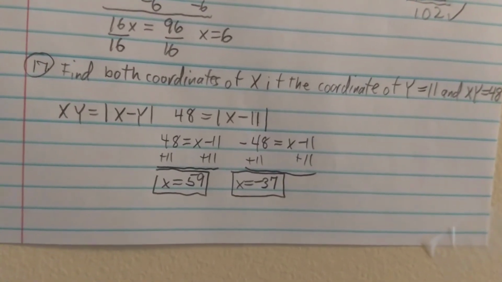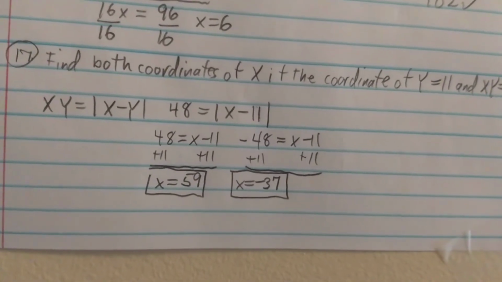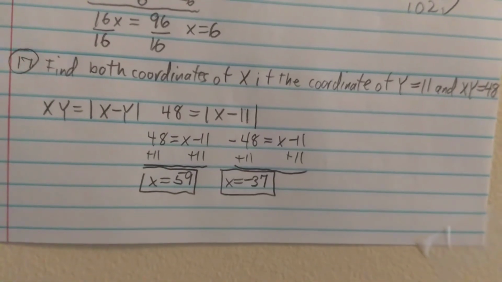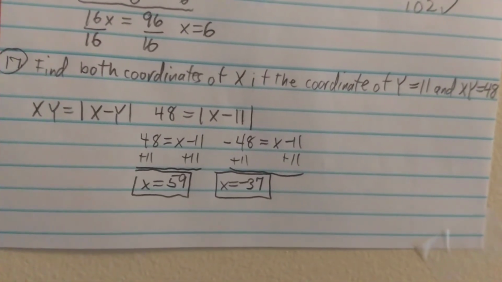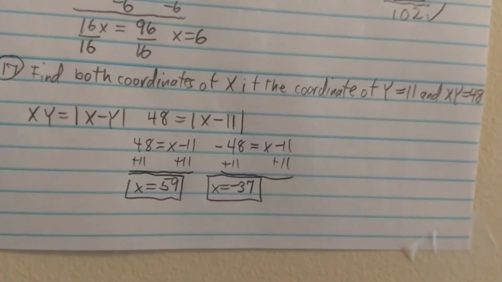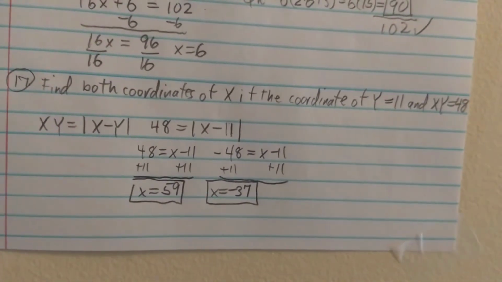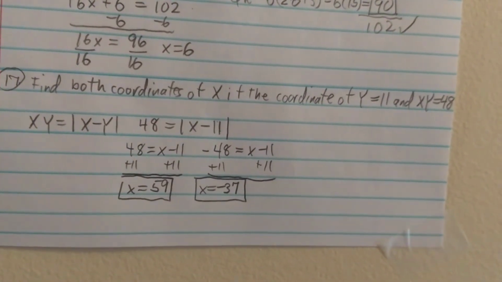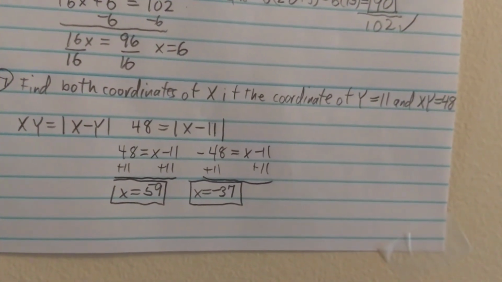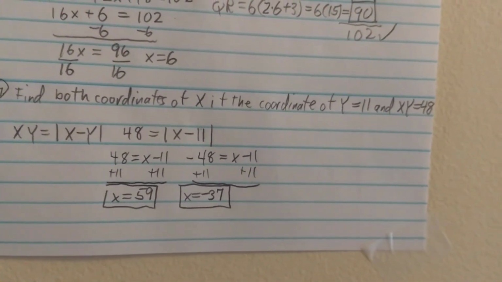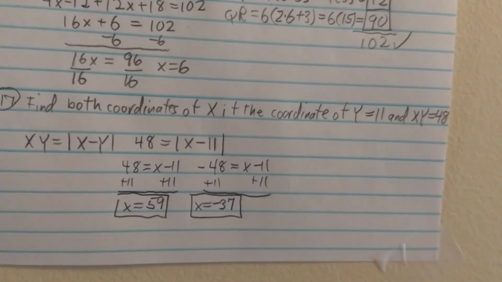Now we know that xy is 48 and that y is 11, so 48 is equal to the absolute value of x minus 11. And so with absolute values, we set up for the positive and negative of the outside number. So for 48 equals x minus 11, we add 11 to both sides and get x is equal to 59. For the minus 48 side, we add 11 to both sides and get x is equal to negative 37.